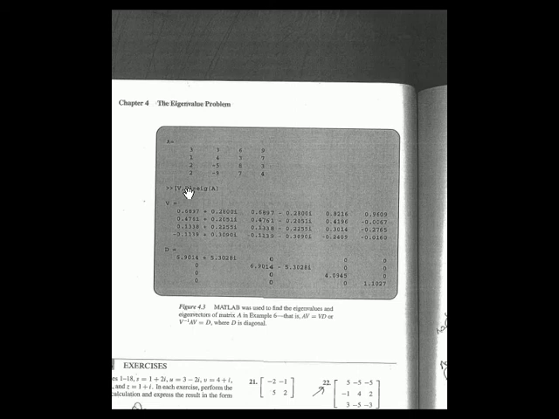The D, the second one, will hold the eigenvalues down the diagonal. Notice that there are two complex conjugates and then two real ones. And then it gives the columns. This is the eigenvector corresponding to this eigenvalue. This is the eigenvector corresponding to this one. This is the eigenvector corresponding to that. Notice that the real eigenvalues have real eigenvectors.